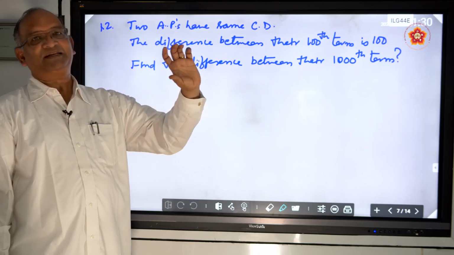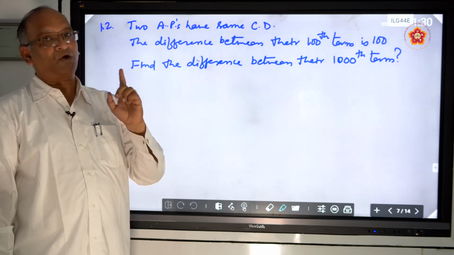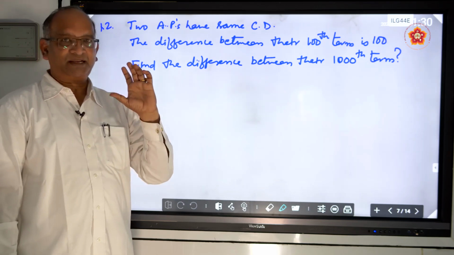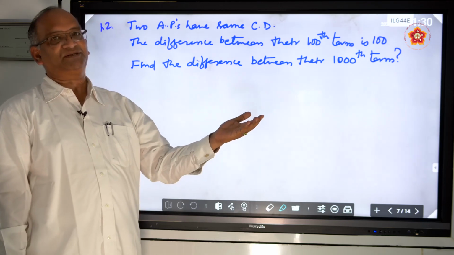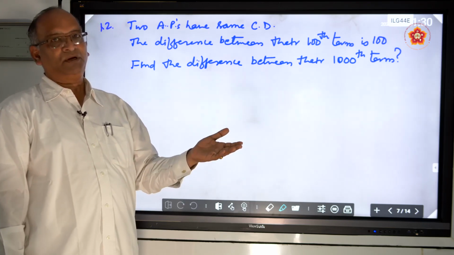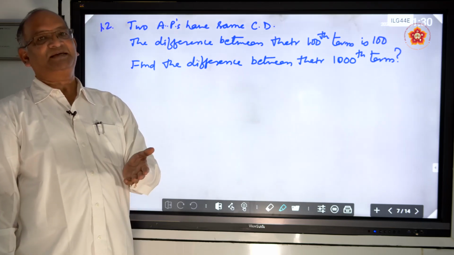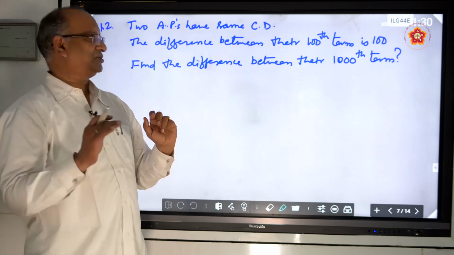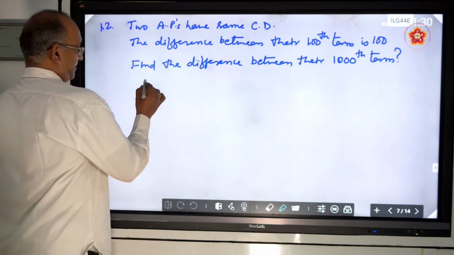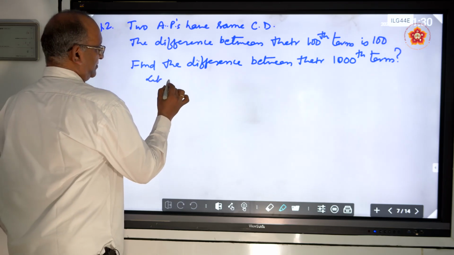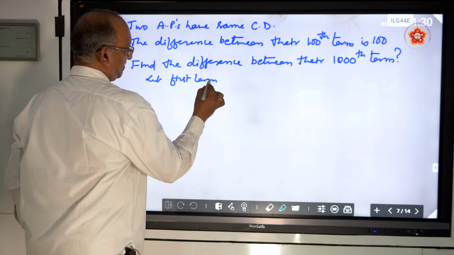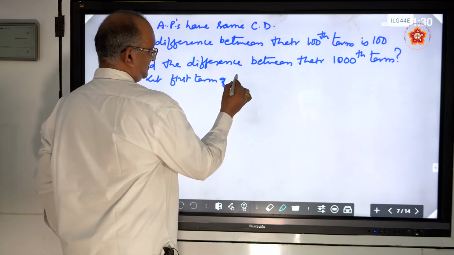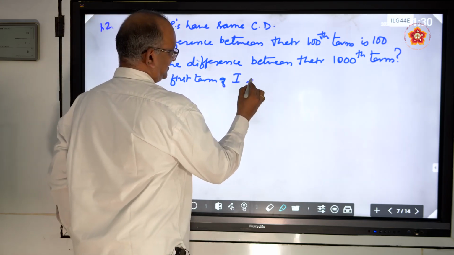There are two different arithmetic progressions, but the common difference is the same. Since there are two arithmetic progressions, we assume that the first term of the first sequence is small a and the first term of the second sequence is capital A, just to make a distinction.